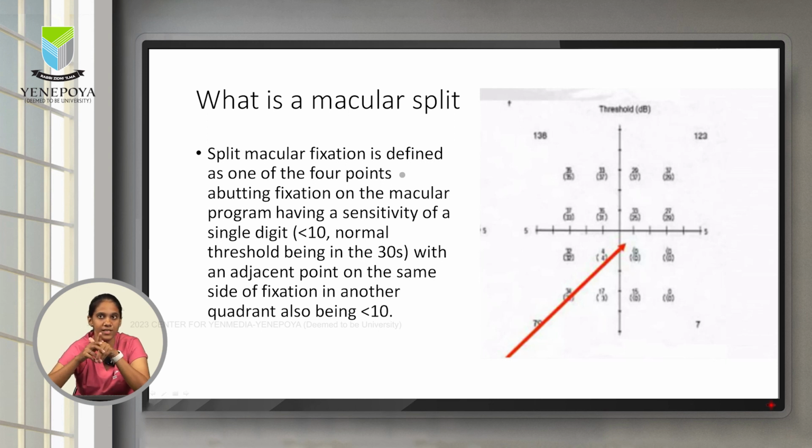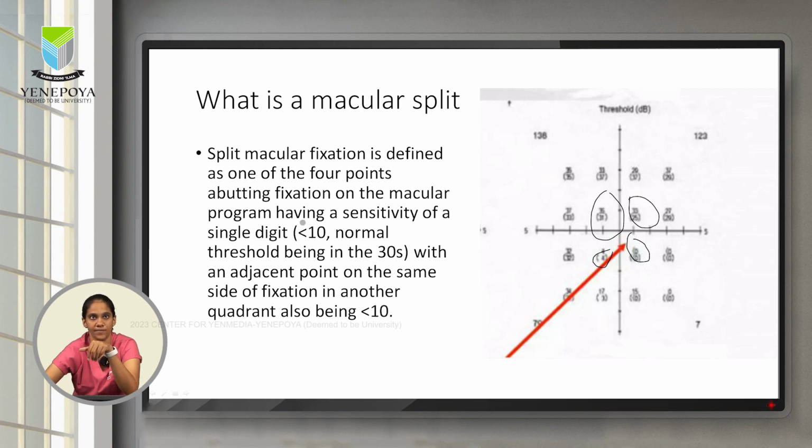One school is that even at any one point in these 4 areas, 1, 2, 3, 4, if there is a zero sensitivity, a zero value in any one point of these four, you call that a macular split.